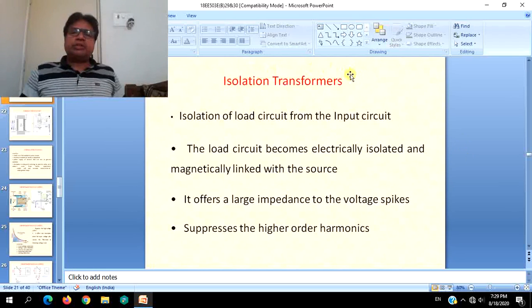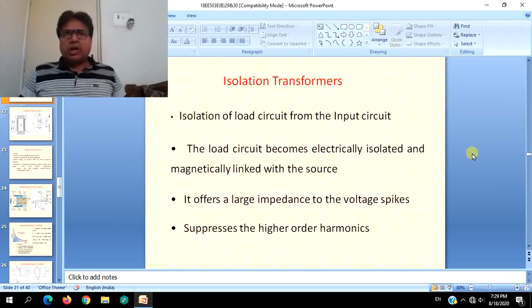Without any other protection device to eliminate the disturbance, when a load is connected to the supply source, whenever there is a particular type of disturbance inside the voltage coming out of the source, that will be fed to the load also.